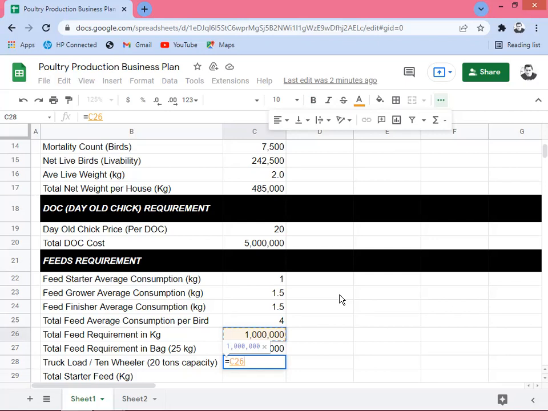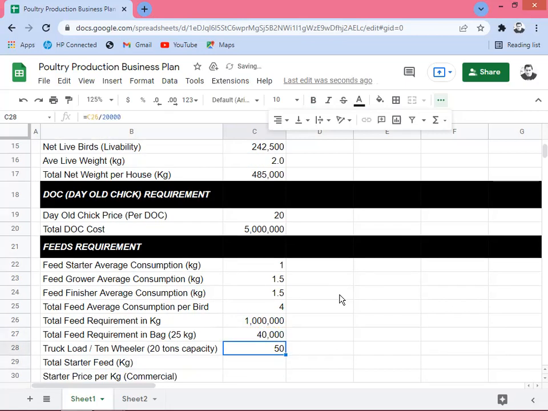So for the 1 million kilogram, you just divide by 20,000 kilogram to get the trucks. So it's about 50 trucks in 1 year that you're going to utilize for the transfer of feeds from the outsourced feed mill or company-owned feed mill plant.